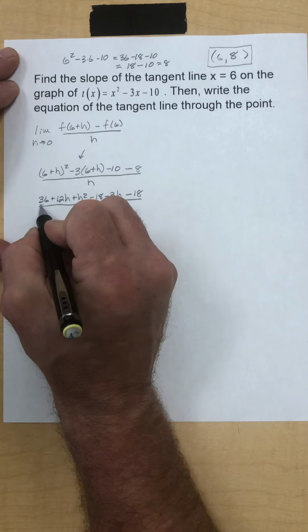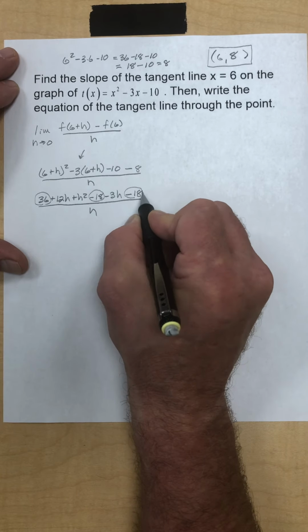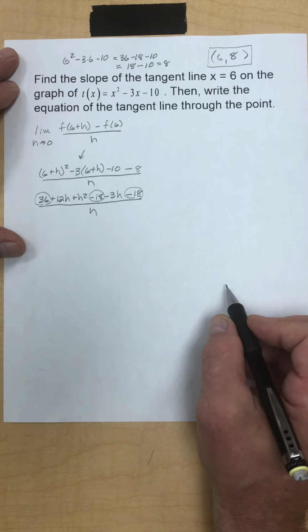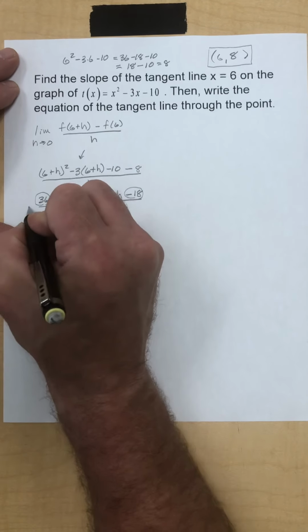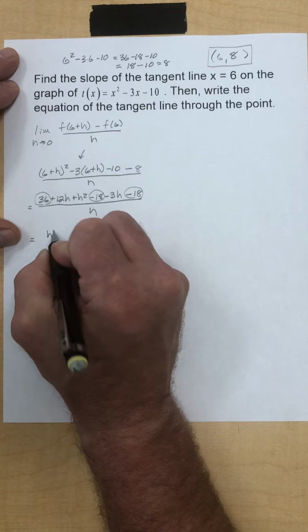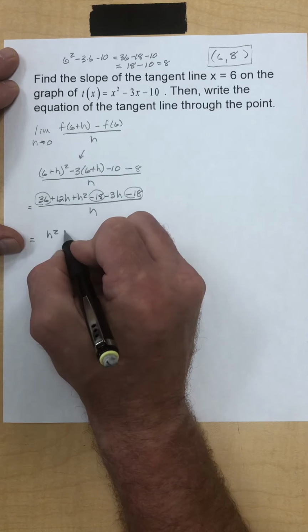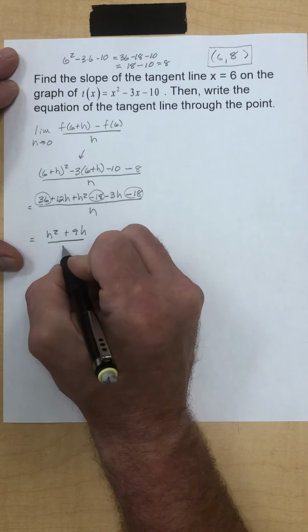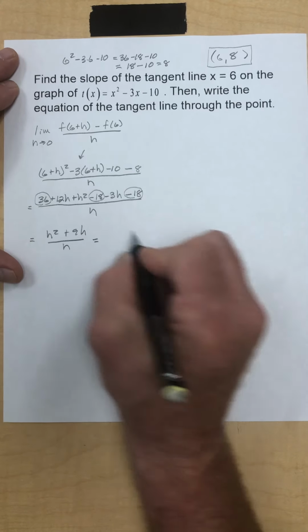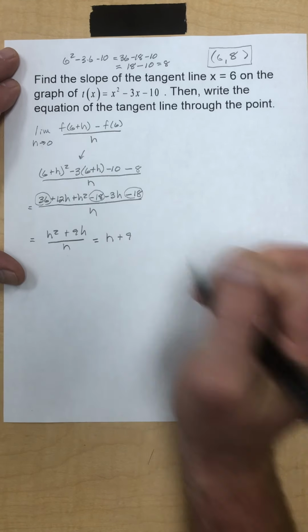Then we take a look. Notice the 36 and the negative 18 go away, they add up to 0. So really I have the h squared, and then I have this 12h minus 3h, so that's 9h, all over h. Then divide everything by h, so it looks like I'm going to get h plus 9.